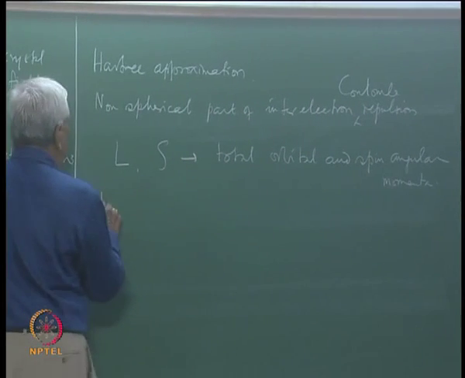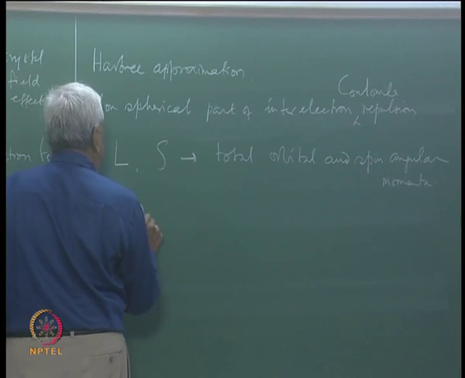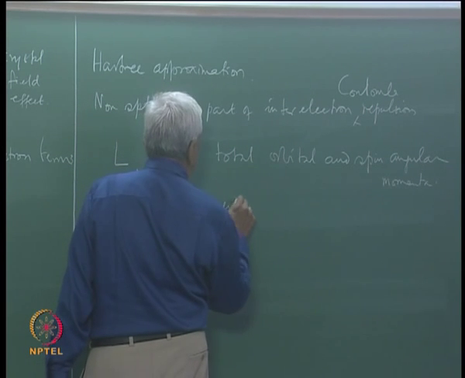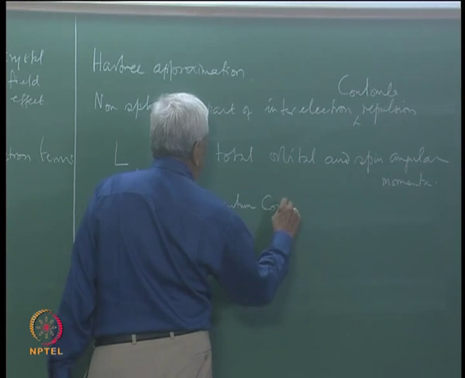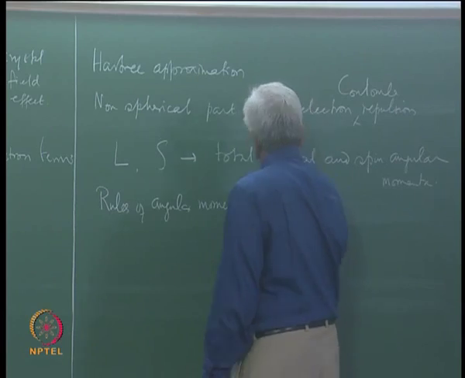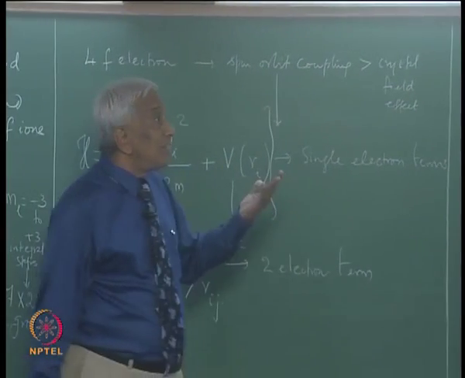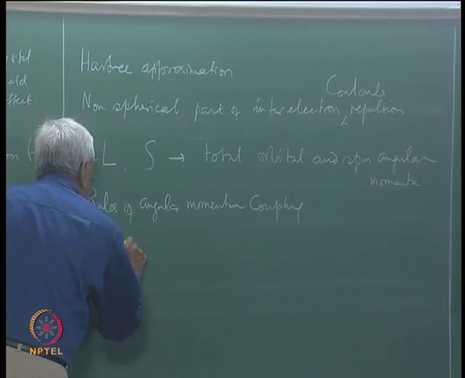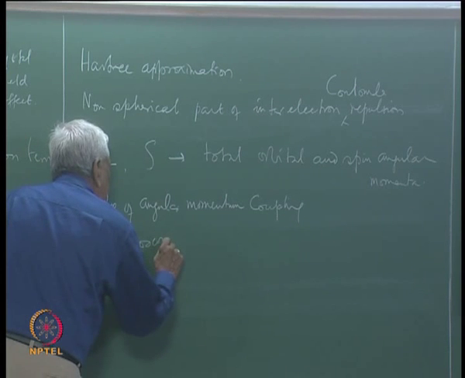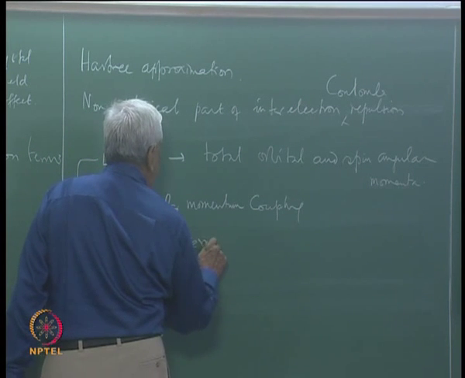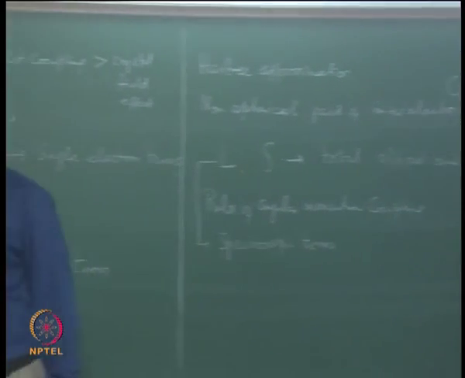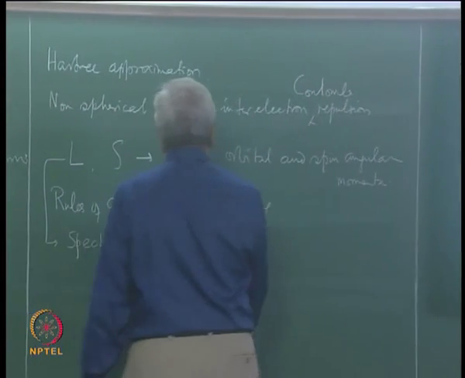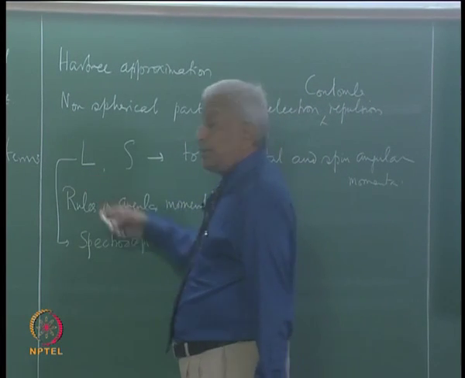According to the rules of angular momentum coupling in quantum mechanics, it is these L's and S's which define the so called spectroscopic terms. So, these spectroscopic terms are identified by the total value of the orbital angular momentum.